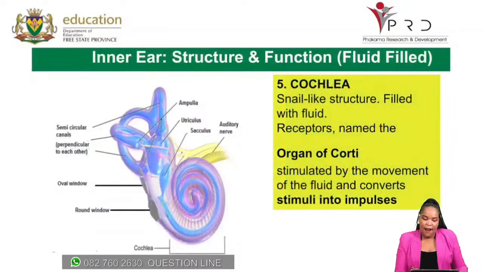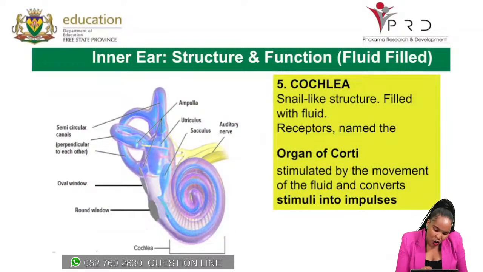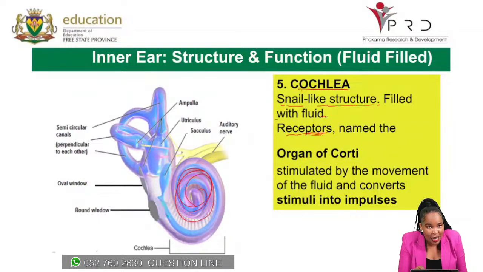Right. And then you find the cochlea. You can never miss the cochlea. The cochlea is a snail-like structure filled with fluid. And then it has the receptors called the organ of Corti. Now, the organ of Corti is found on the cochlea, and its function is to convert the stimuli into impulses.